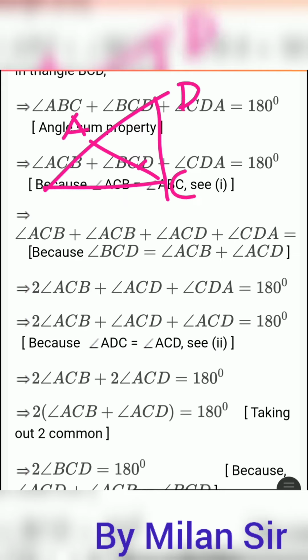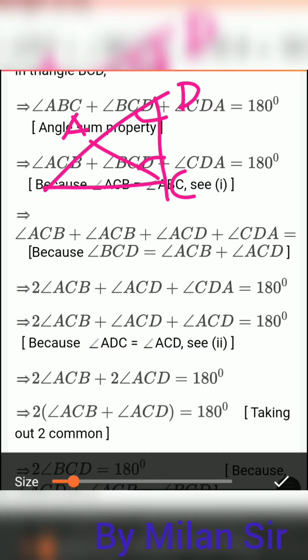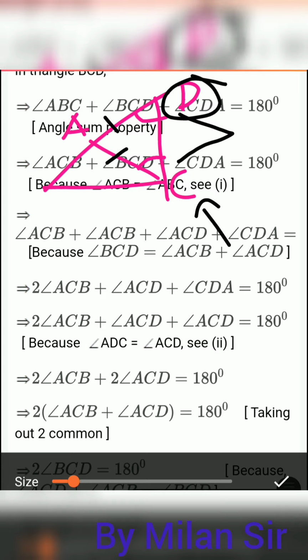Now in place of CDA, initially we proved that these two angles are the same because ACD is also an isosceles triangle, because AC is equal to AD, right? AC is equal to AD, that we proved. So these two angles are the same.